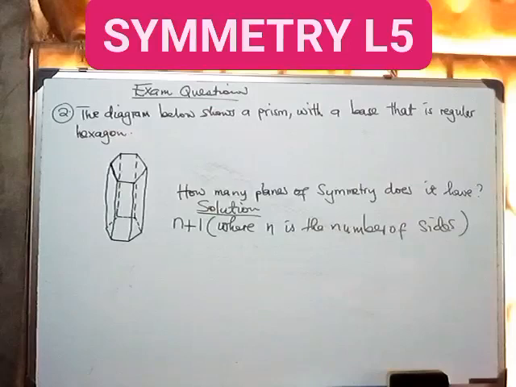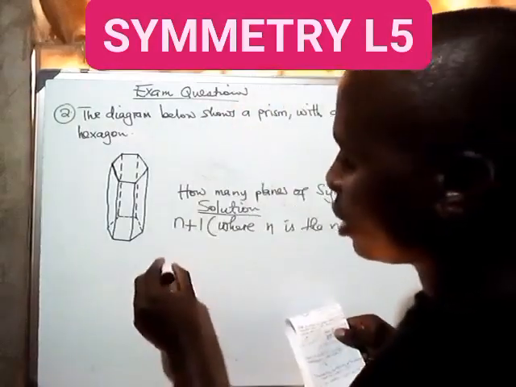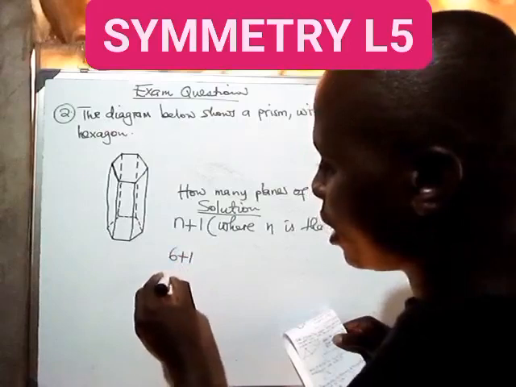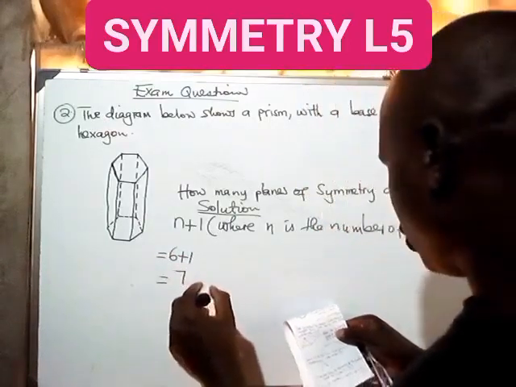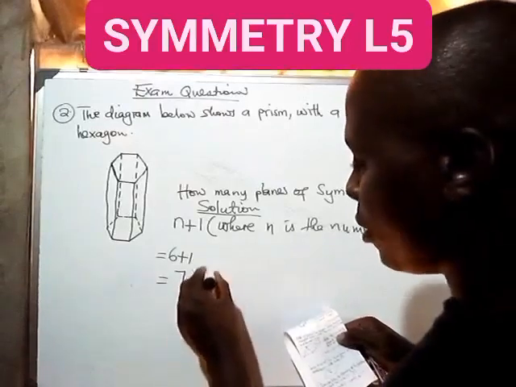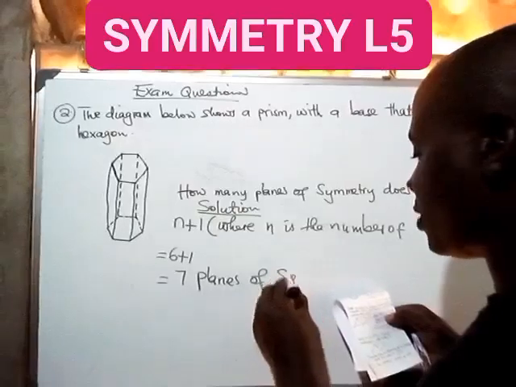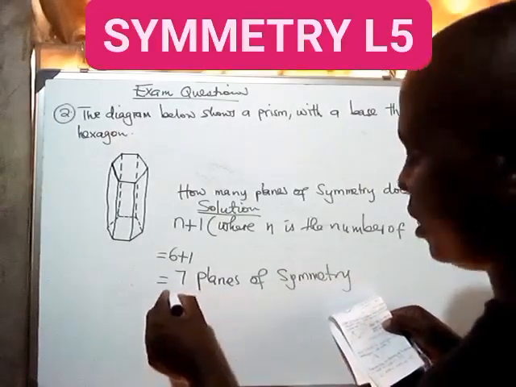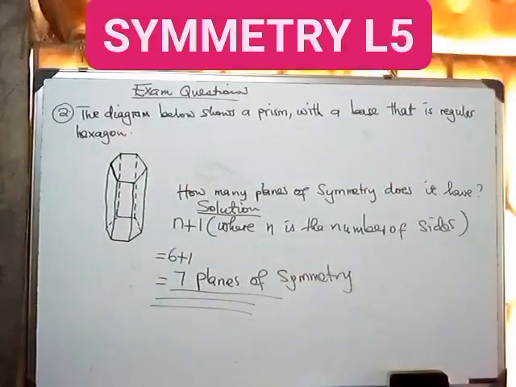How many sides does the base of this regular hexagon have? When we count them, we get 6. So it will be 6 plus 1, and our final answer is 7. So this has 7 planes of symmetry. This is the answer for question number 2.